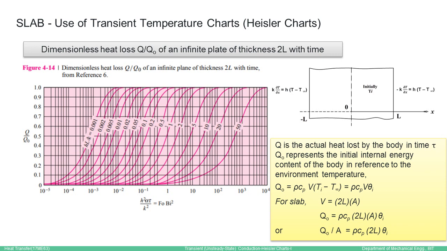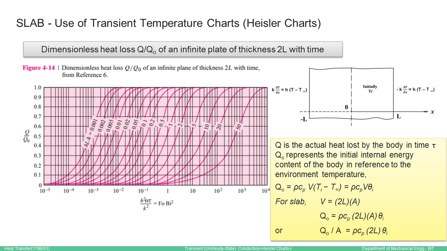Q naught represents the energy content of the body initially. The initial temperature is Ti and the ambient fluid temperature is T infinity. By using m Cp dT for this case, Q naught will be equal to rho Cp V into Ti minus T infinity, which can also be written as rho Cp V into theta i.